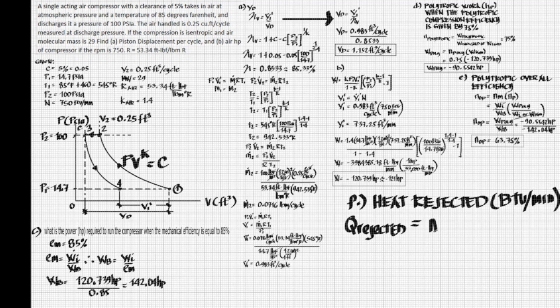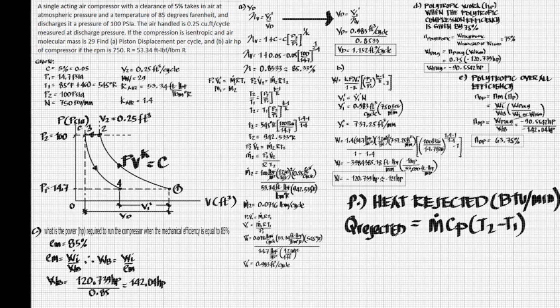my mass flow rate, and that would be the specific heat of air at constant pressure, then multiply this one by T2 minus T1. And the problem does not specify the value of your CP. We have mass flow rate, which is the same for every state.